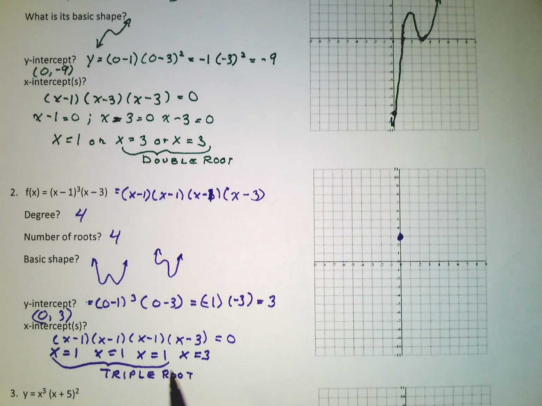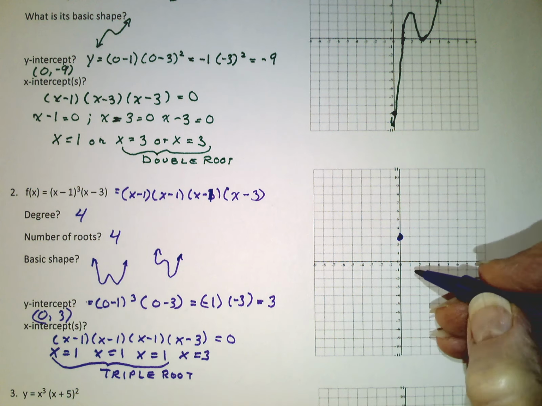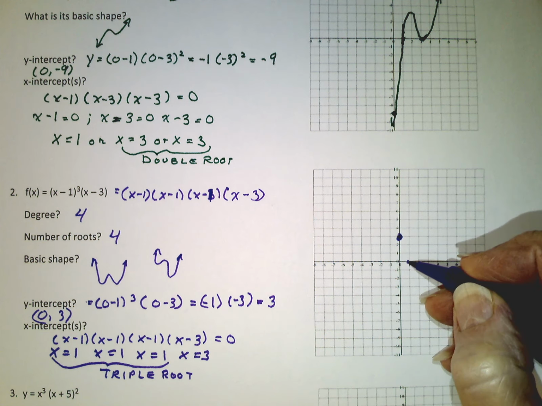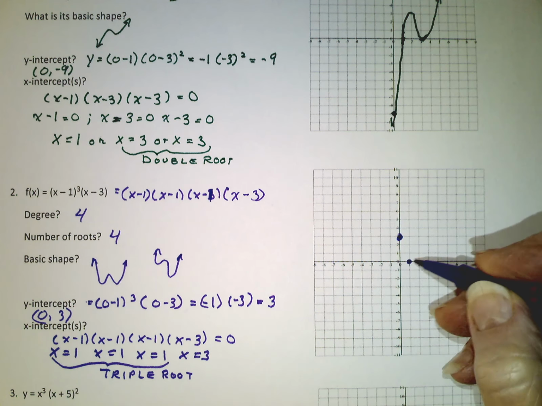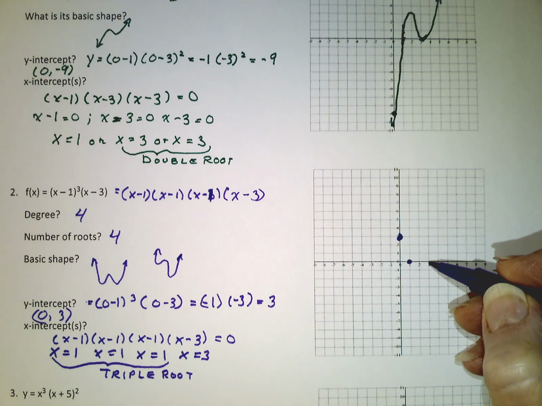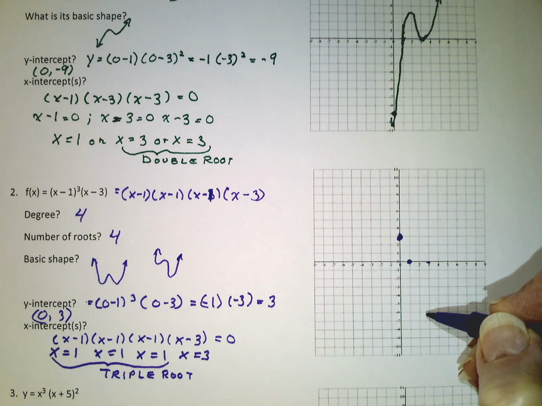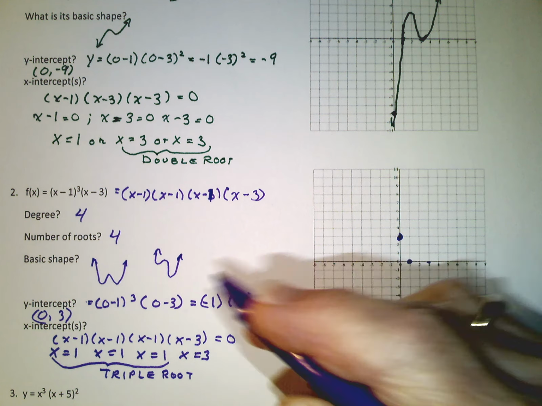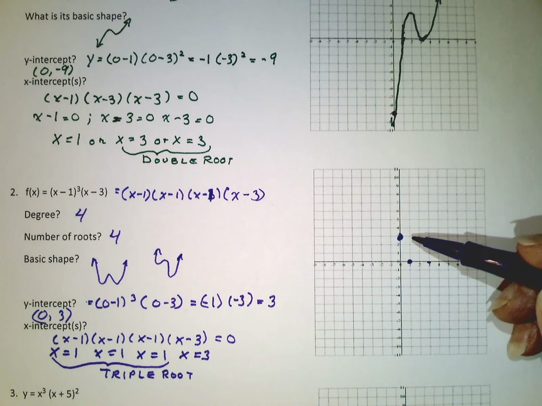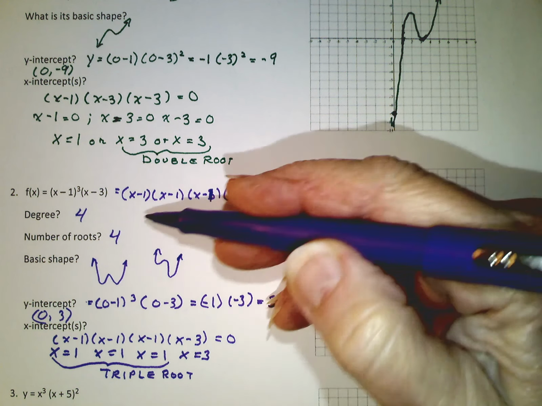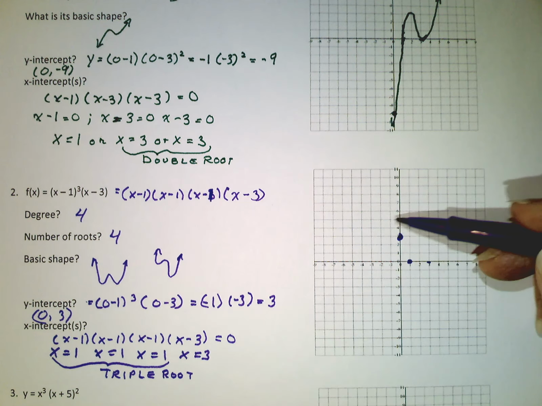And that tells us that the graph is going to flatten and cross at x equals 1. So at x equals 1, it's going to do this flattening and crossing, and at x equals 3, it's just going to cross through. And it's supposed to kind of look like a W. So it's got to come down out of positive infinity.